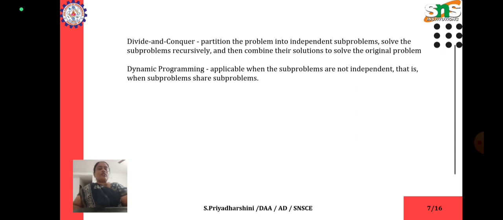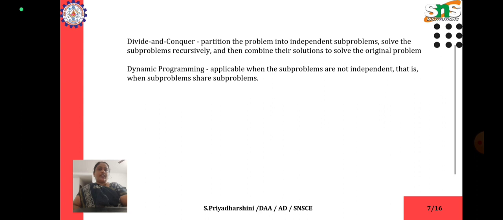Whereas dynamic programming is applicable only when the subproblems are not independent, that is, when subproblems share subproblems. The examples of dynamic programming include the famous knapsack problem. For the 0/1 knapsack problem we have a dynamic programming solution, and for the fractional knapsack we call it a greedy approach solution. So these are some examples of dynamic programming.